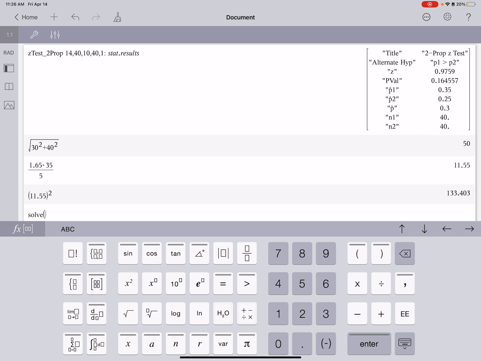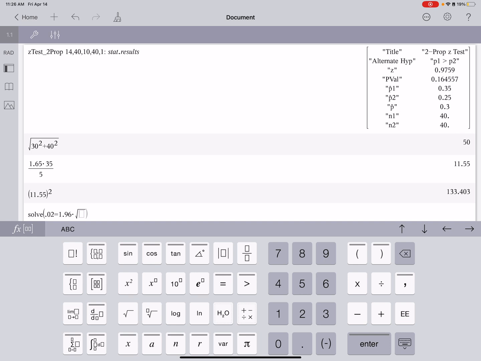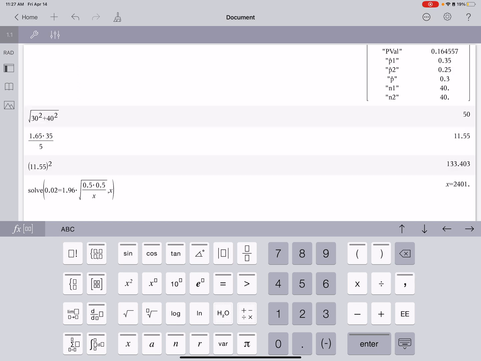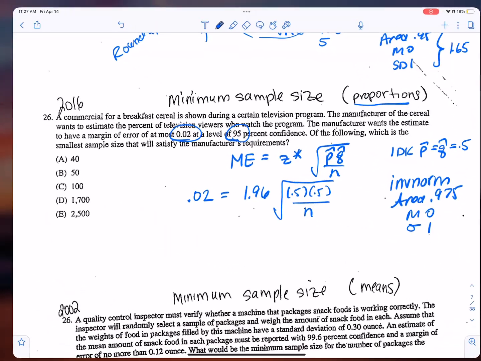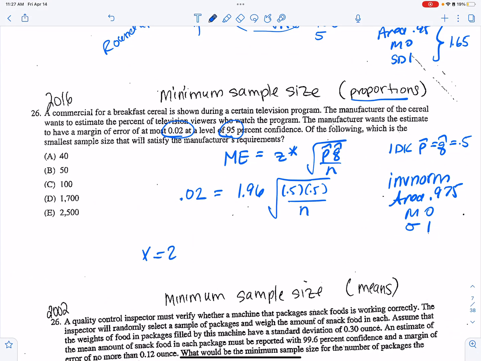If I put it in, it's 0.02 equals 1.96 times the square root of 0.5 times 0.5 divided by x. And 2401 is what I got. So again, x equals 2401. And remember, you round up, not down, so that's why I know it's 2,500.